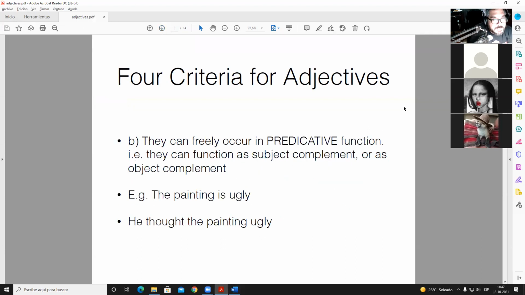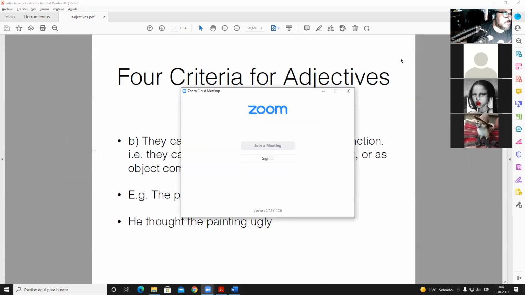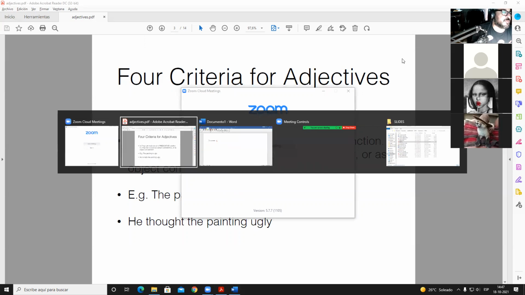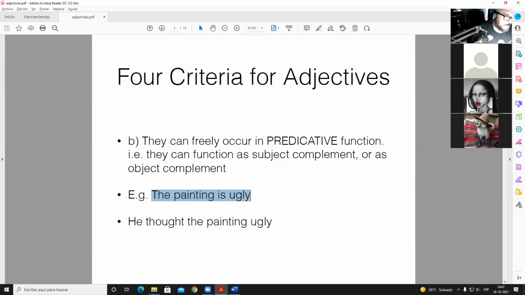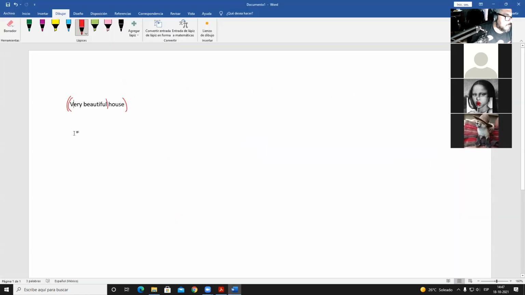Okay. Second thing. B. An adjective can also be predicative. That is to say, they can function as subject complement or as an object complement. Like in, for example, the painting is ugly and he thought the painting ugly. The painting is ugly, right?